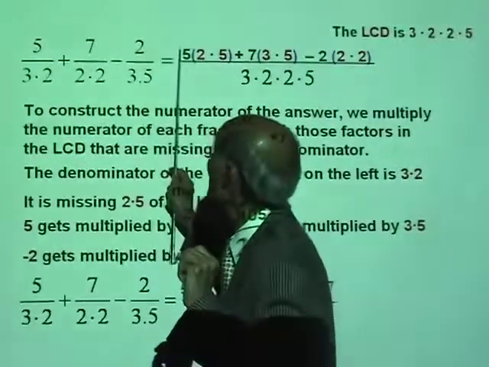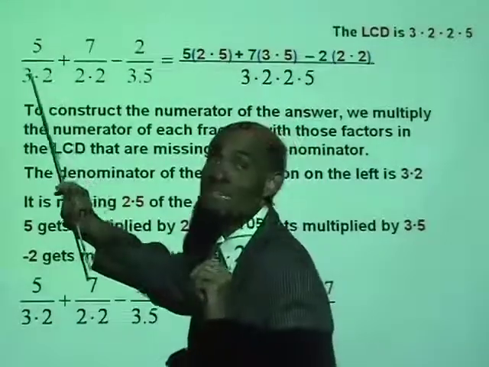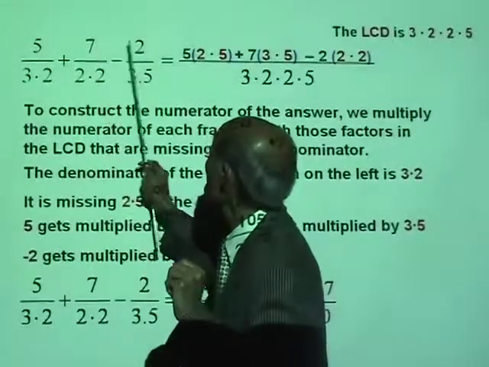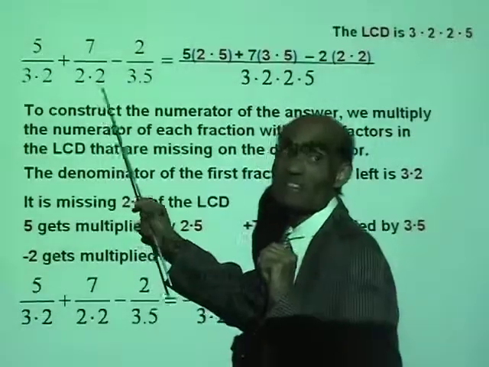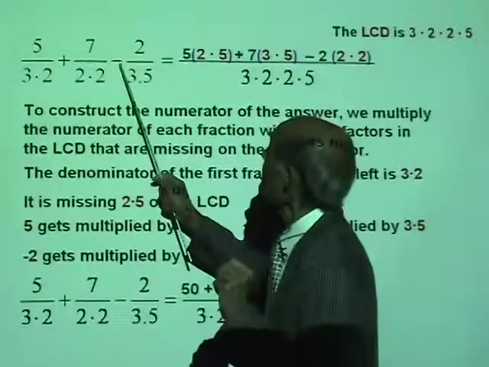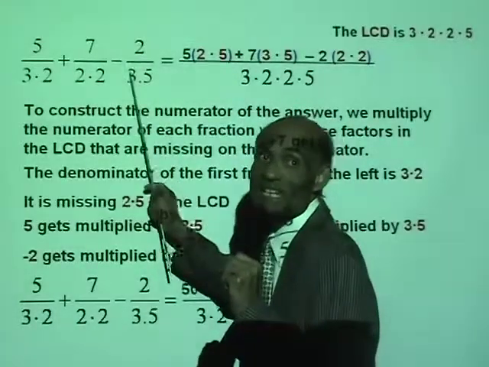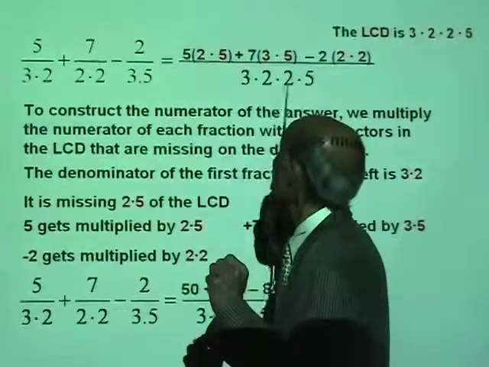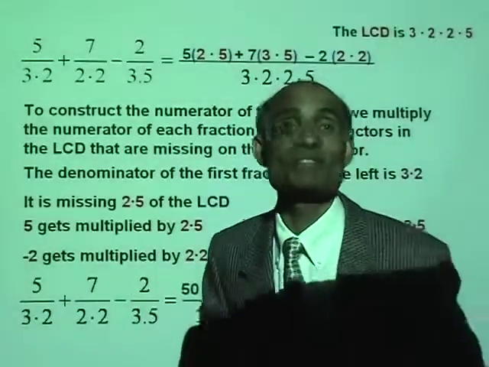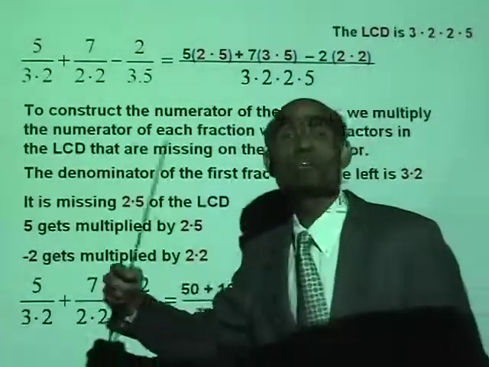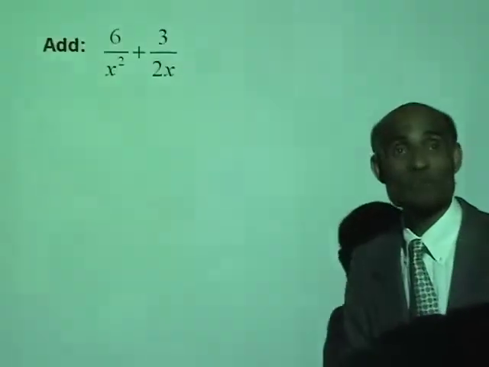So 5 is multiplied by the factors 2 times 5 that are missing here, and plus 7 is multiplied by those missing factors. What are the missing factors here? 3 times 5. And minus 2 is multiplied by the factors of the LCD that are missing here, that are 2 times 2. You see? A very easy way to construct your numerator.